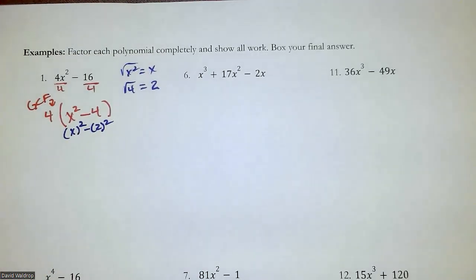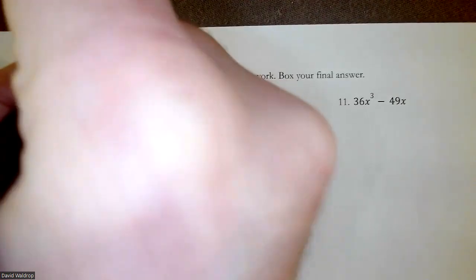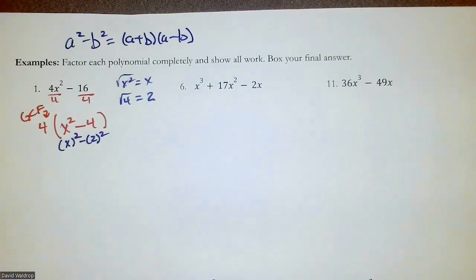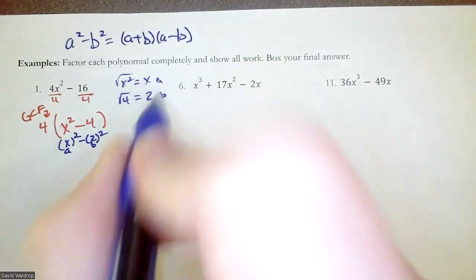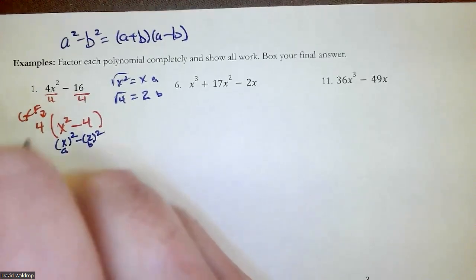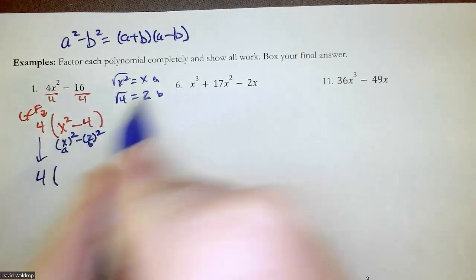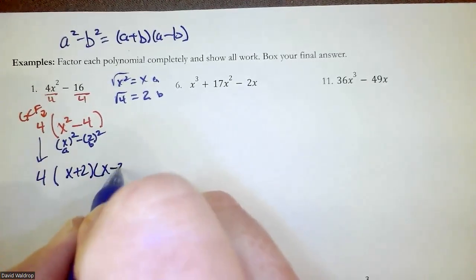So we're going to use our formula. a squared minus b squared is a plus b, a minus b. This is a and this is b. The things you take the square root of, those are a's and b's. And this would become x plus the 2 and x minus the 2.